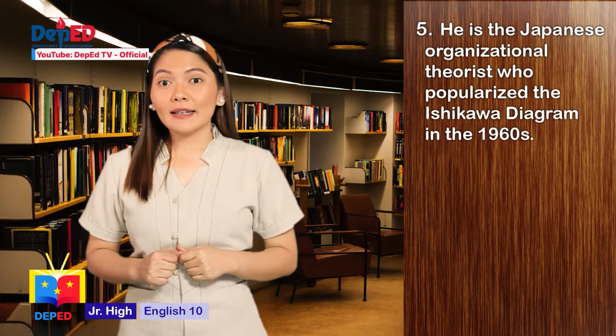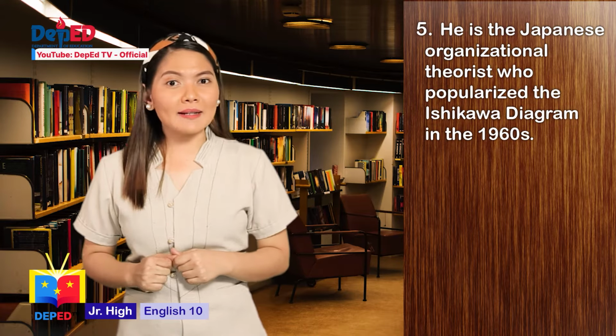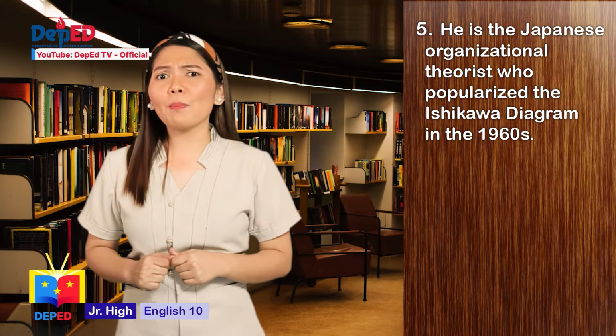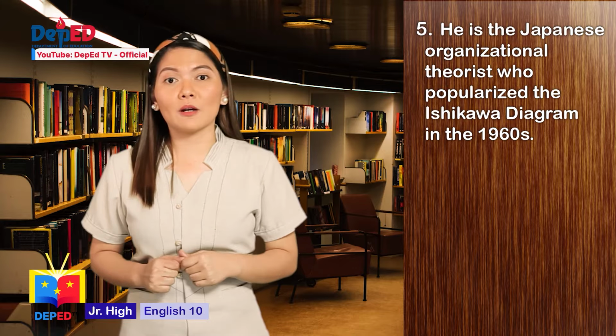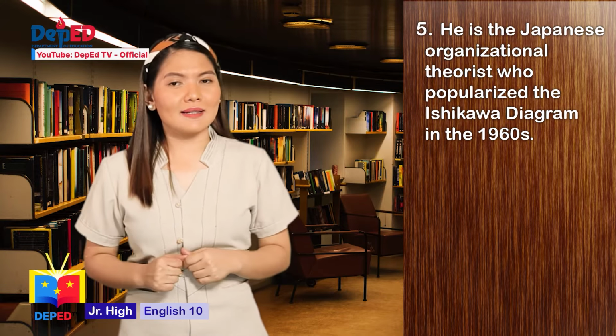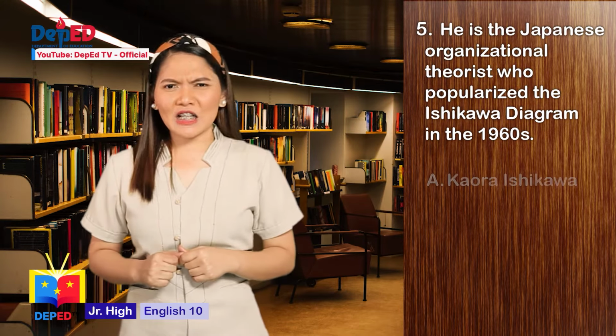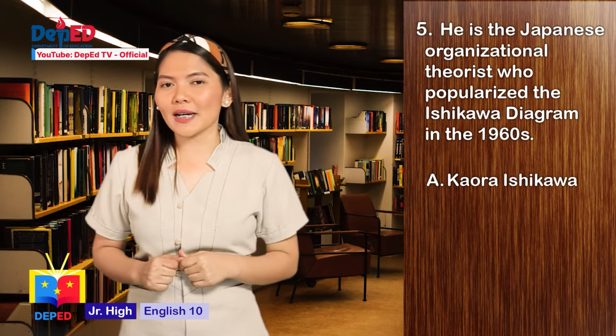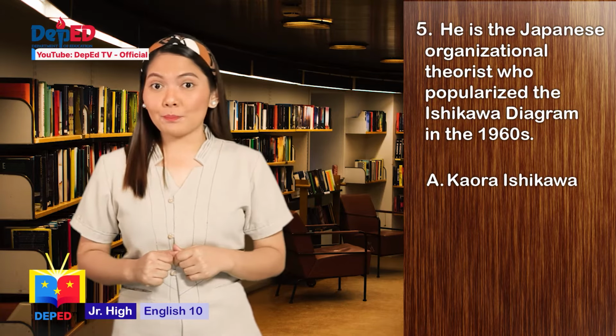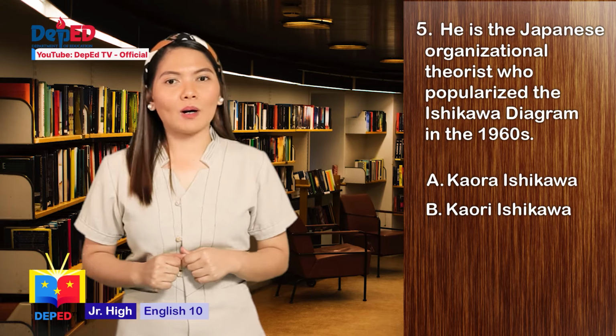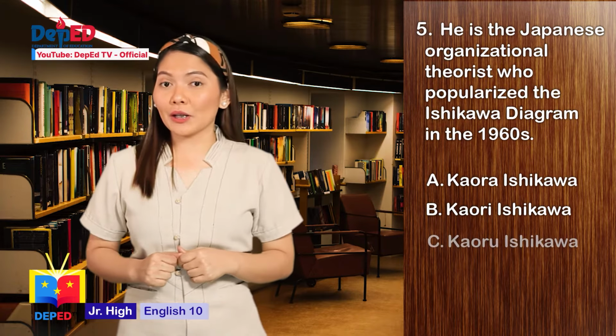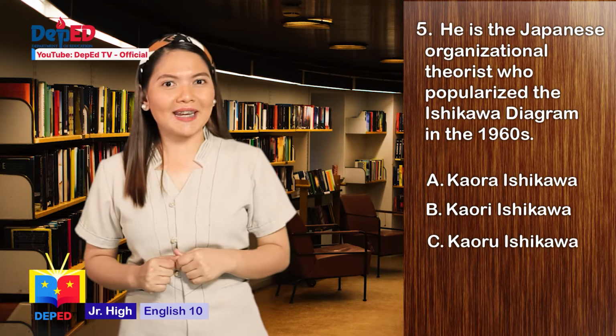Number 5, he is the Japanese organizational theorist who popularized the Ishikawa diagram in the 1960s. Is it letter A, Kaora Ishikawa, B, Kaori Ishikawa, or letter C, Kaoru Ishikawa?